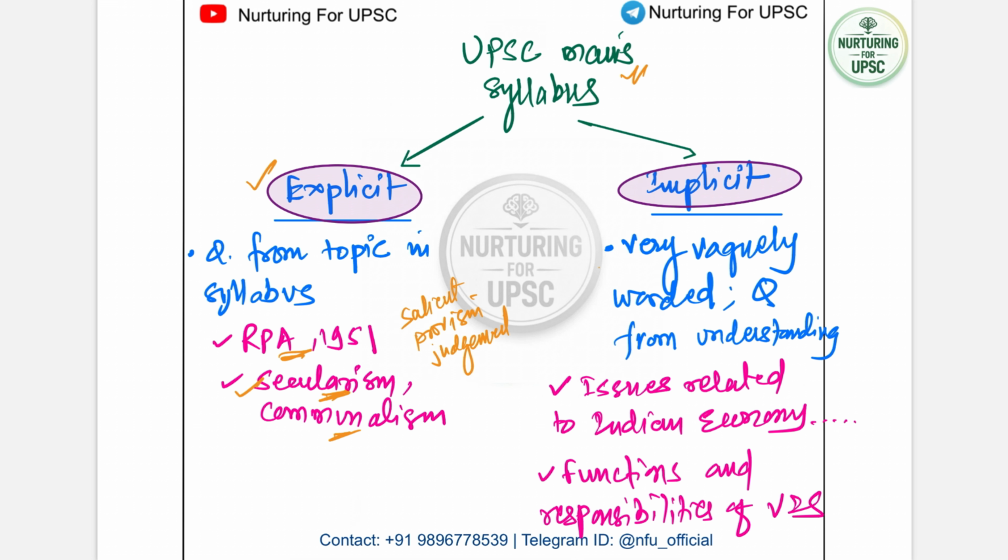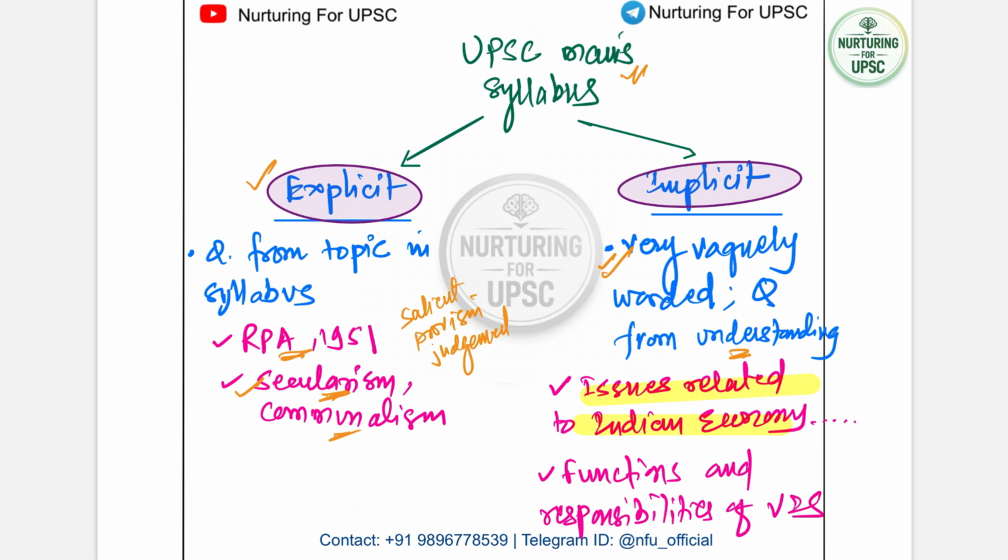But the real challenge lies in addressing the vaguely worded subheads, and the questions actually come from how you understand, how you decipher, and how you develop content on such vaguely worded topics, which may seem to cover everything and anything under the sun. Consider this example: the first GS1 syllabus subhead, which is issues related to Indian economy.